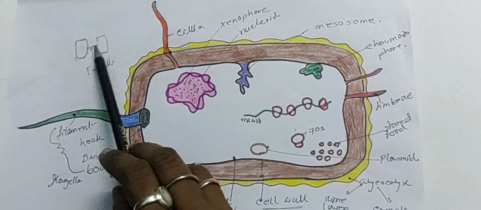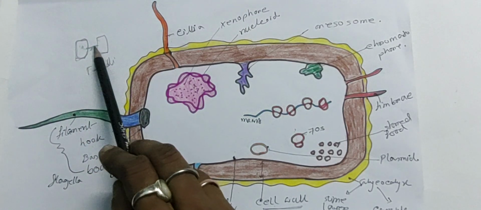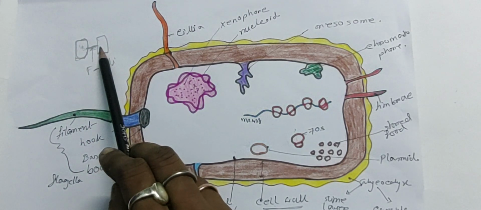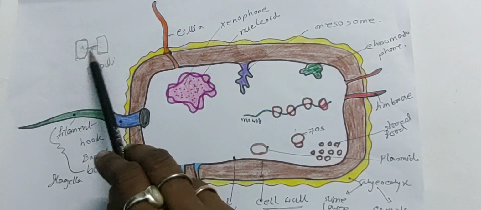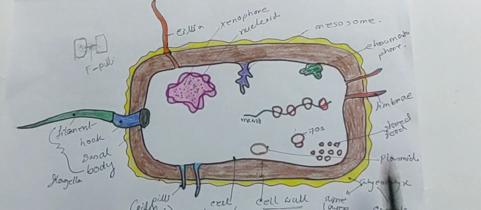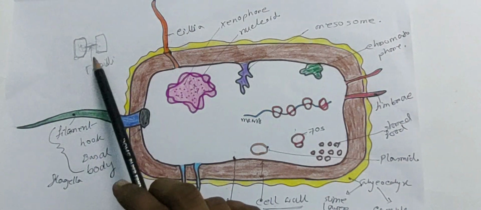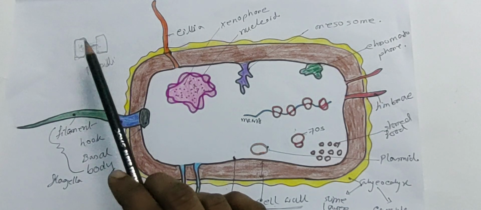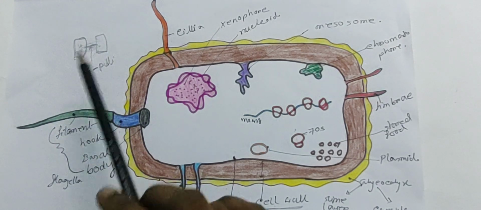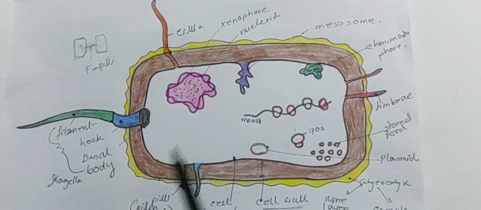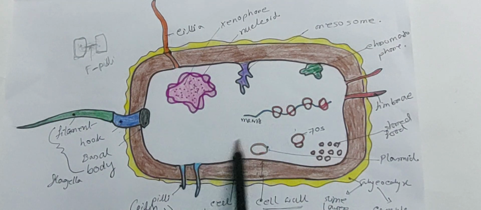By that tube, one bacterium can push its genetic material to the other cell. So pili are of two types: vegetative pili help them adhere to the substratum, and sex pili or fertility pili help them form the conjugation tube.